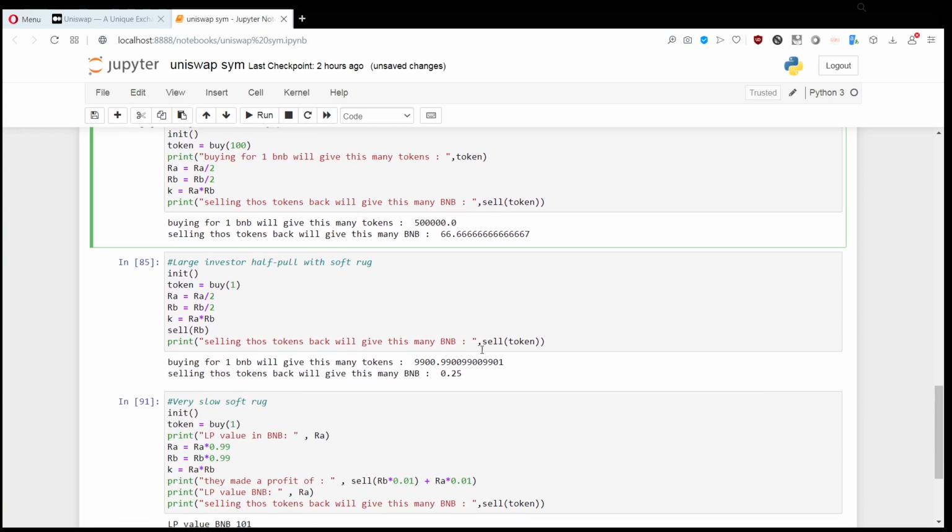But here is something which can actually happen. Let's go back one step, and let's say you bought again for 1 BNB, and when the rug pull happens for half of the liquidity pool, the second thing which happens is that the rug puller sells those tokens.